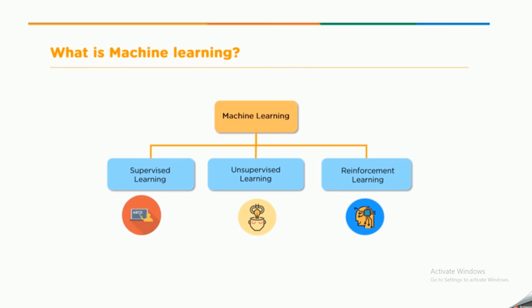As we have already seen, machine learning can be broadly classified into three techniques: supervised learning, unsupervised learning, and reinforcement learning.